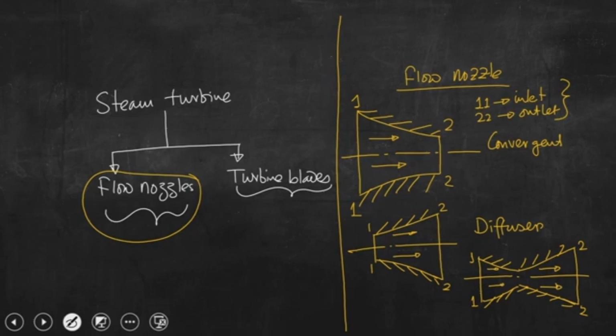I am not writing diffuser now. So, this is divergent type, and this is convergent divergent type. So, these are the different types.